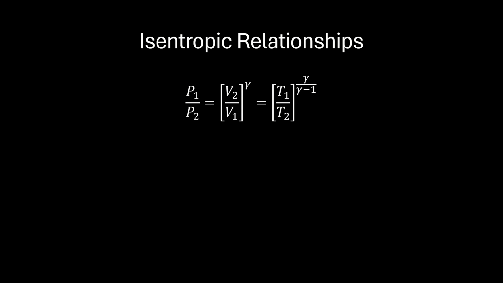And that also equals the ratio of temperatures T1 over T2 raised to gamma divided by gamma minus 1. So if you have both pressures and only one volume measurement, you can easily get the second one through this relationship. Or if you have both temperatures and you need one of the pressures, you can do that as well.